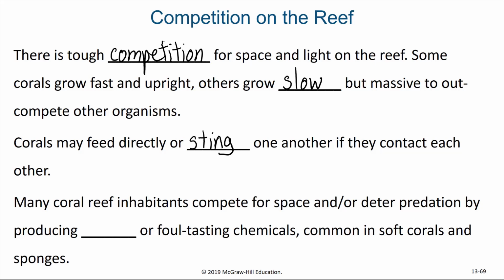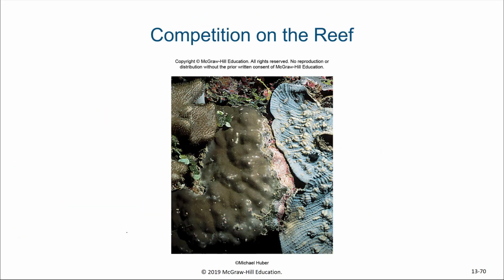Many coral reef inhabitants compete for space and/or to deter predation by producing toxic or foul-tasting chemicals. These include soft corals and sponges. In this image, we see an intense war zone going on. There are 3 different species of corals growing into each other.